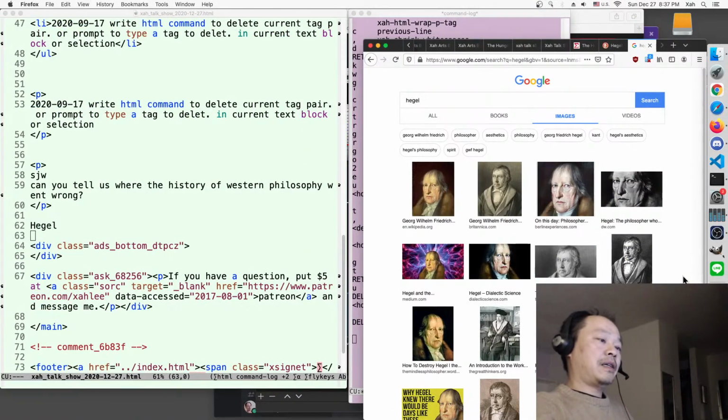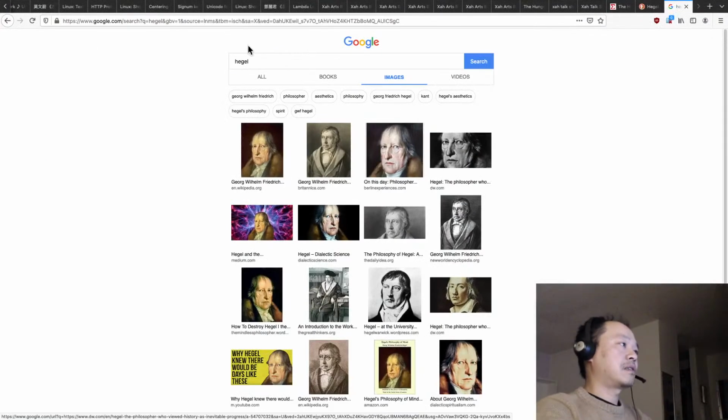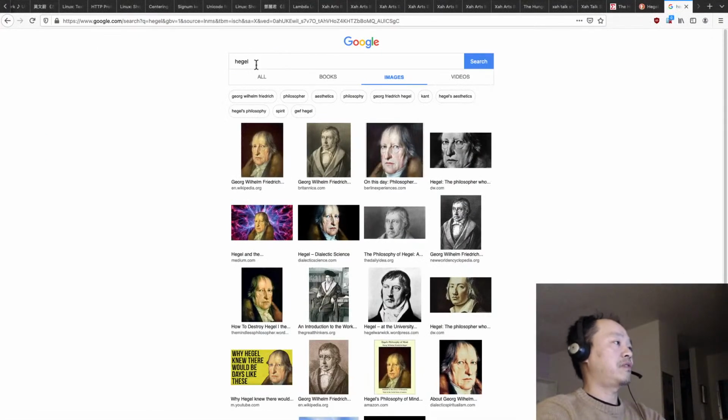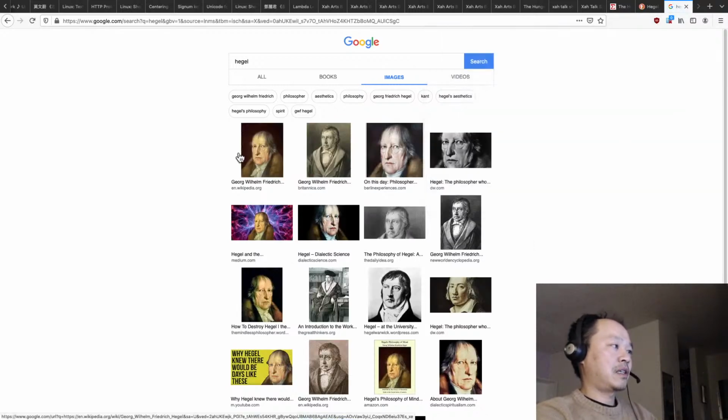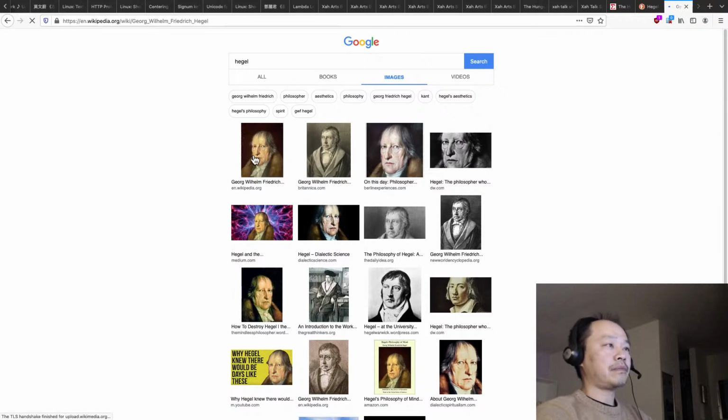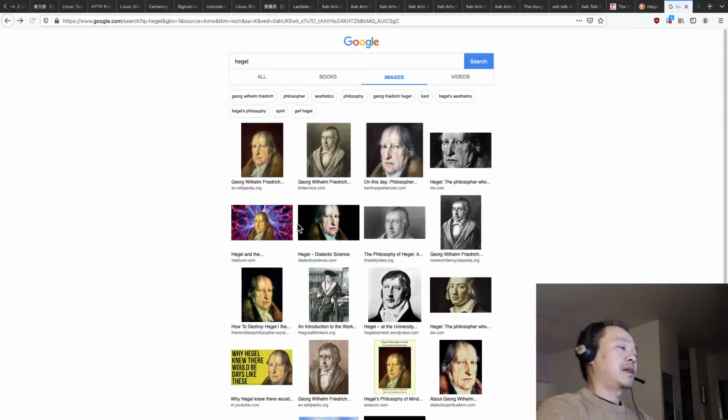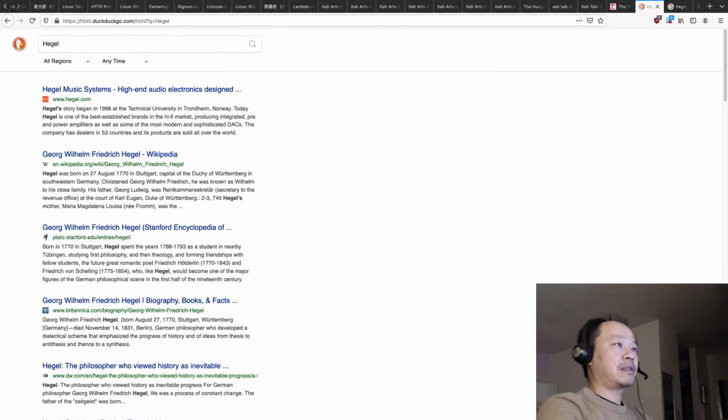Okay, let's go back to the DuckDuckGo thing. For Google, for example, I can turn on JavaScript, and then the difference is that when I click a link, it shows me something. Anyway, going back to DuckDuckGo, I want to turn on images.